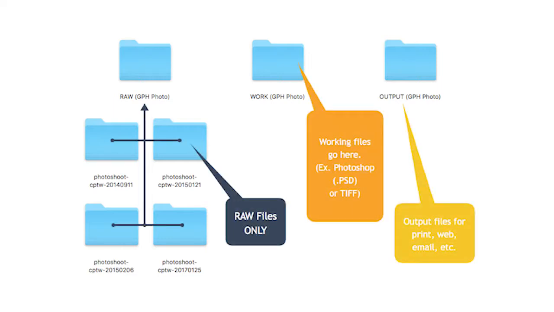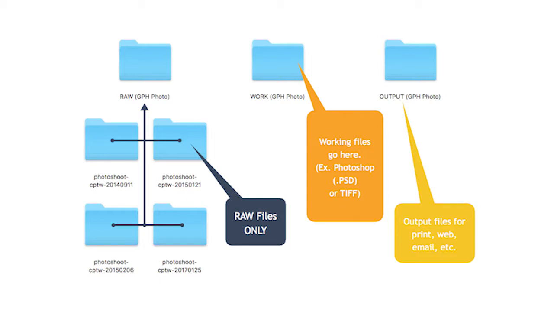All the work files, whether they're Photoshop documents, TIFF files, or whatever you're working on to create that final image, go in the work folder. And then the output folder consists of anything that's going to print, going on a website, going to email, whatever you need that file for. Okay, so those three folders comprise our entire photo library.